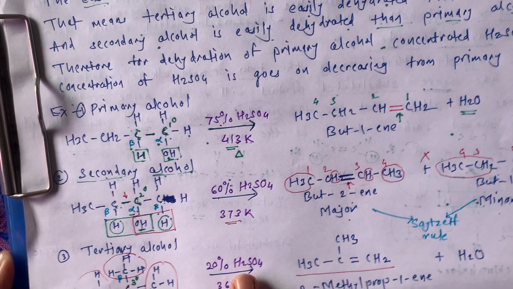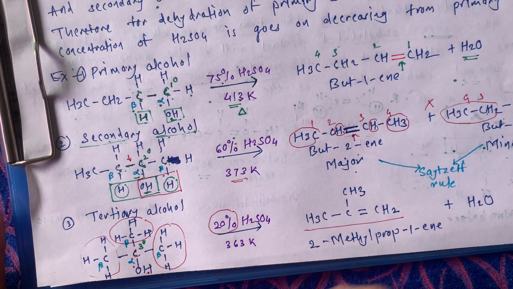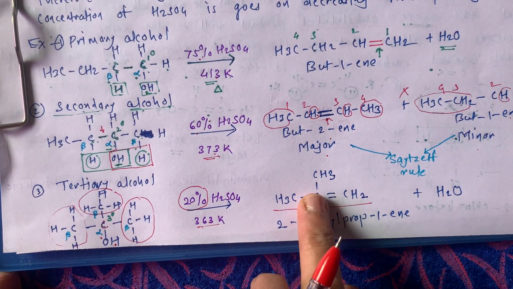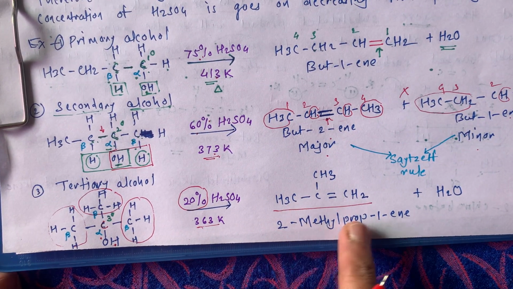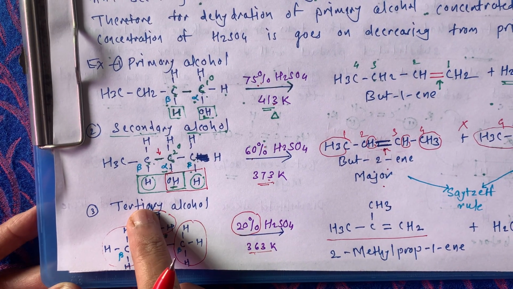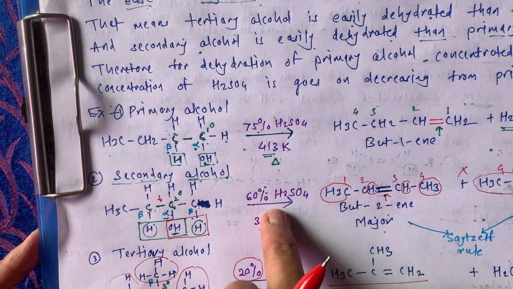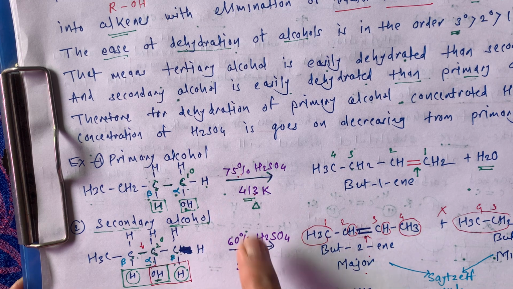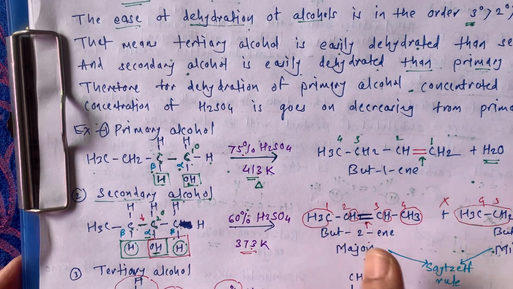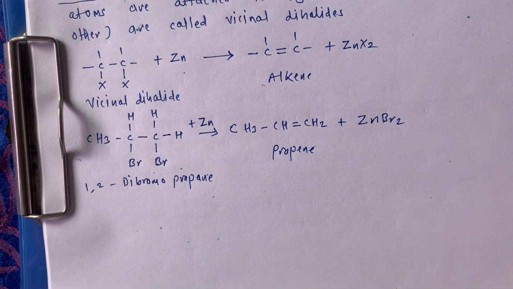But important is that here, just by using 20% H2SO4 and temperature again less than this, we will get this product, 2-methylprop-1-ene. So here a tertiary alcohol is converted into alkene very easily as compared to secondary alcohol. See the conditions, and as compared to primary alcohol, see the difference in the catalyst conditions. Okay, so this is for dehydration of alcohols.